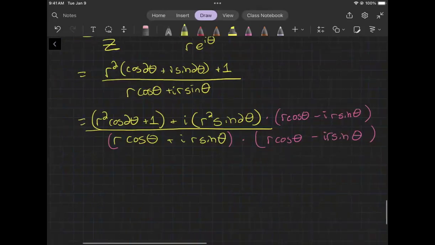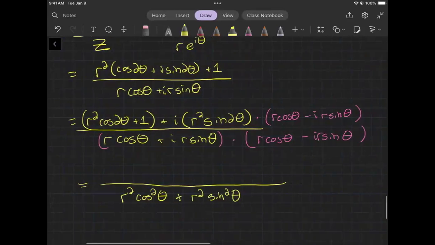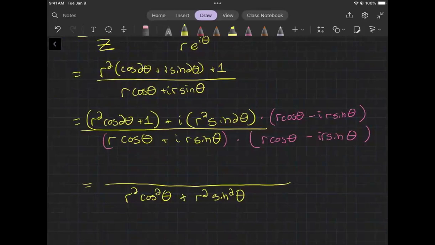And so the denominator, you'll get r squared cosine squared theta minus i squared, okay, so plus r squared sine squared theta. Oh, perfect. Okay, perfect. That's what I need.